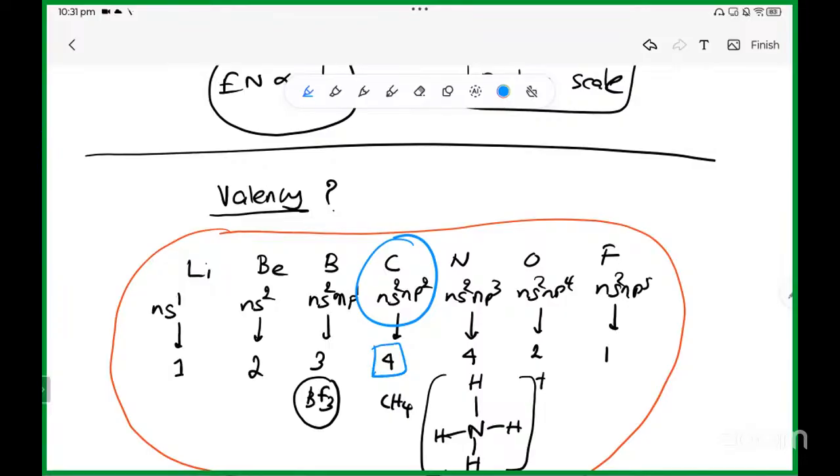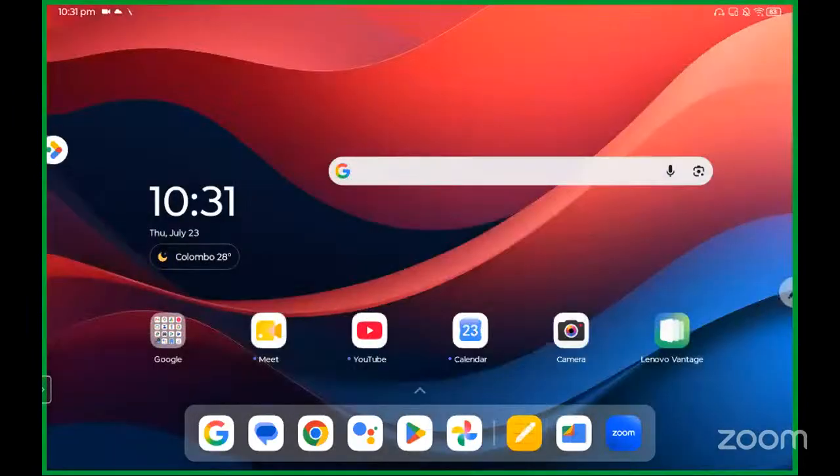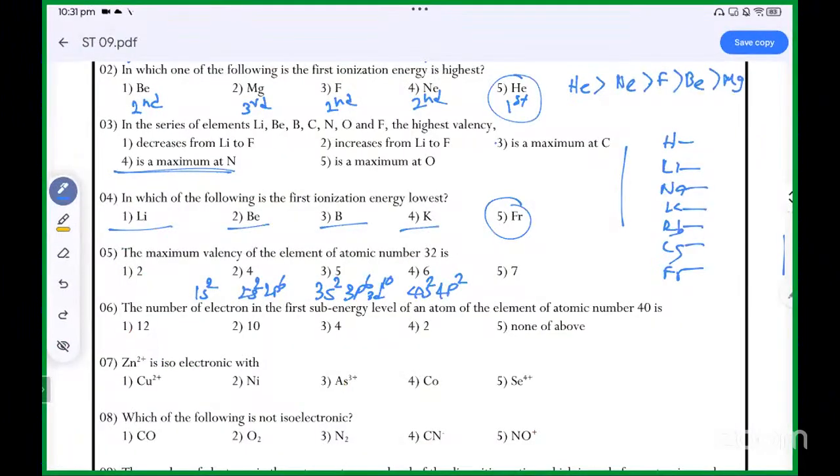We are talking about germanium here. If you check the periodic table, that is Ge, if I am not mistaken. That is also in the 14th group. If an element is in the 14th group, the valence electronic configuration is ns2 np2. Hence, the maximum valency should be 4. So the answer here should be the third one, right?